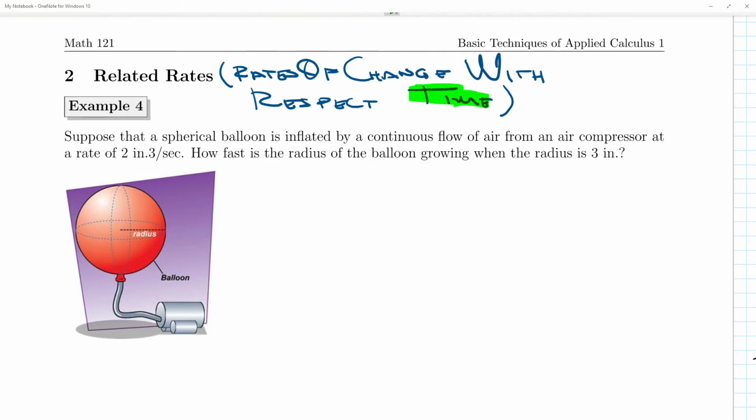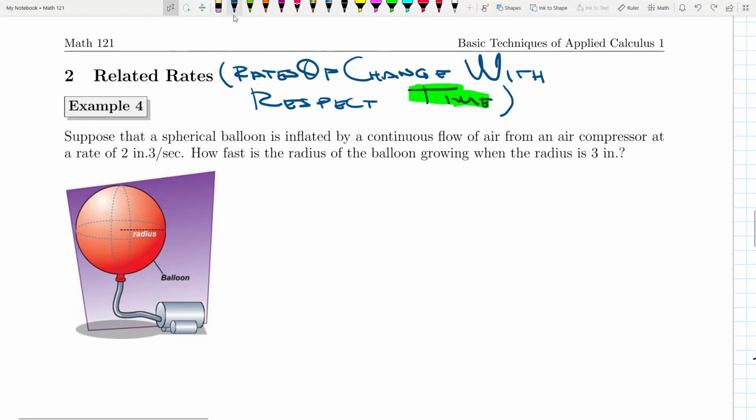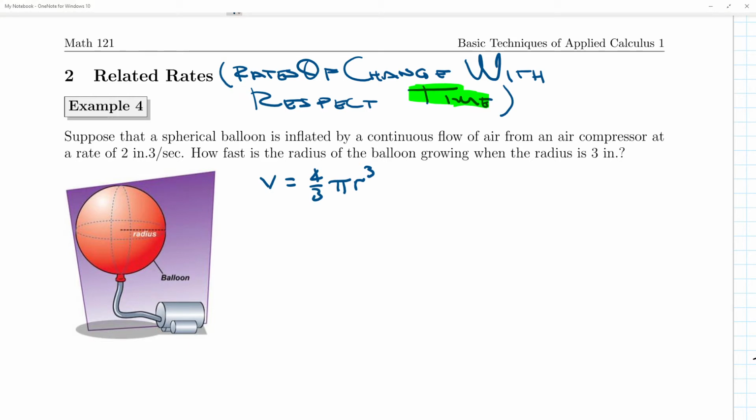For the volume of a sphere, volume V equals 4/3 pi r cubed. All right, 4/3 pi r cubed. That's the volume of the sphere. Of course, this is what's going on in the background.